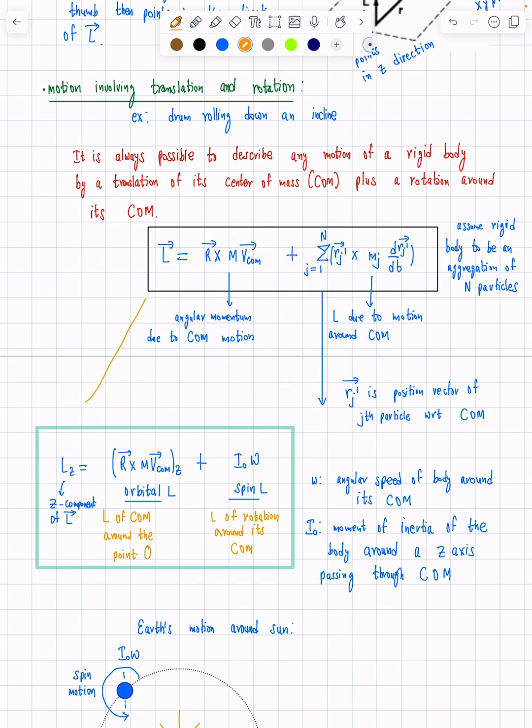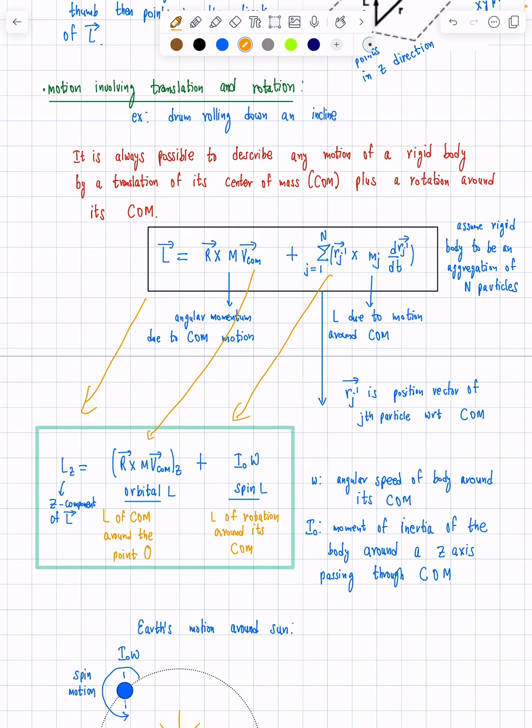I'm trying to find only the z component. For the second term, the motion of the particles around the center of mass is basically a rotation.